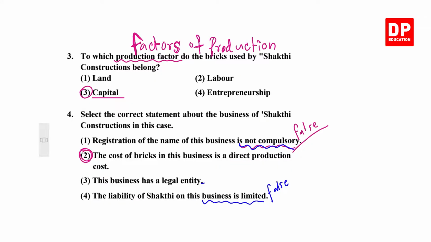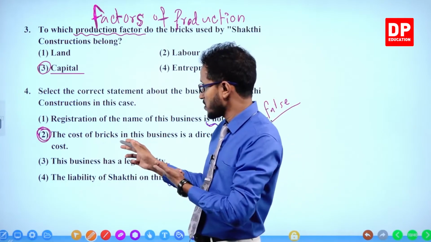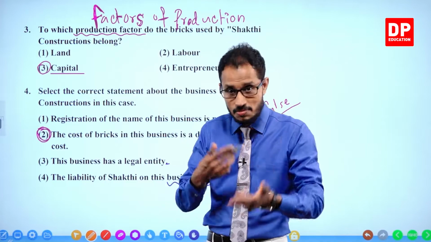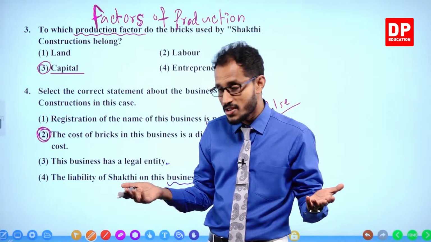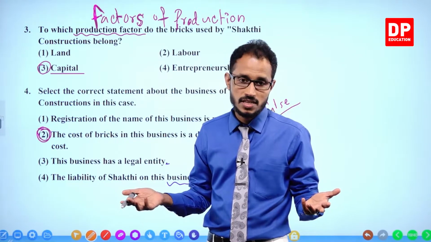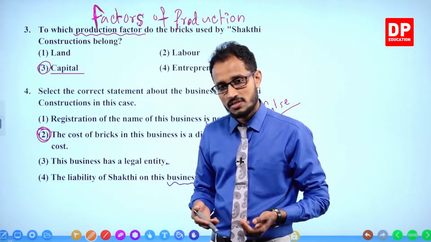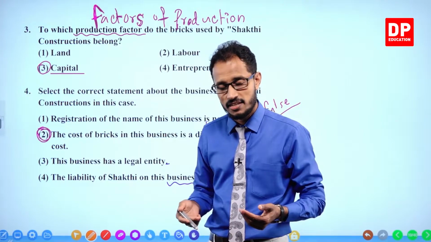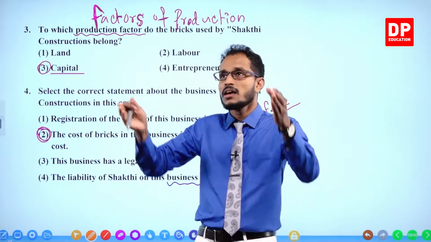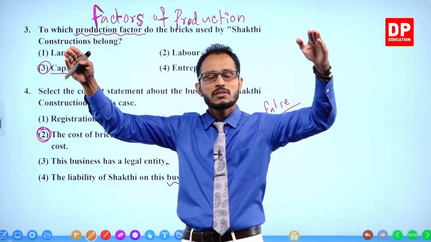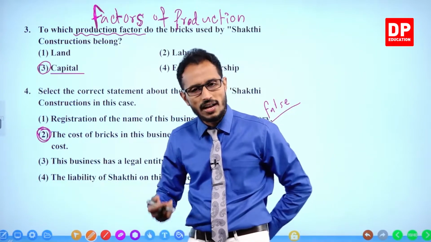The cost of bricks in this business is a direct production cost because the bricks used in this business are the direct material of the business. Why? The business is involved in constructing houses. Houses are constructed with what? Marshmallows?